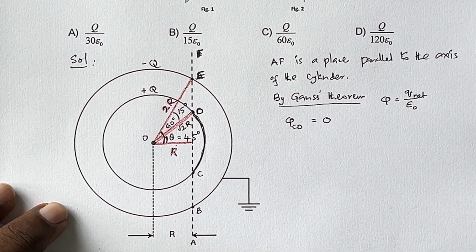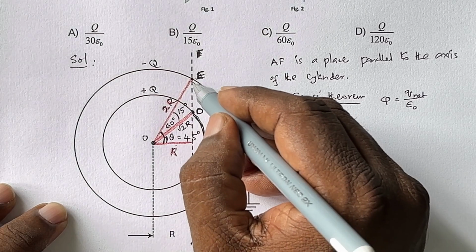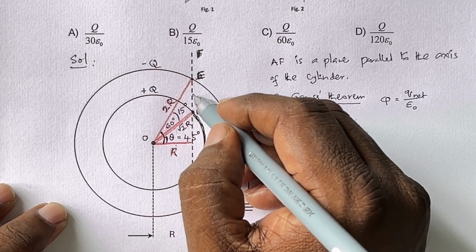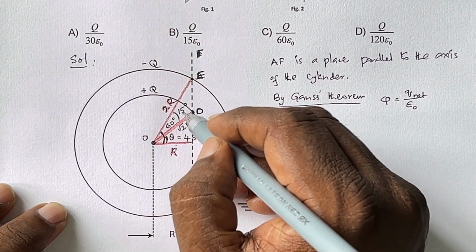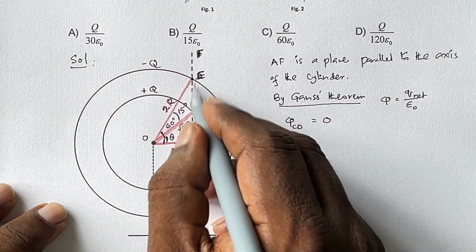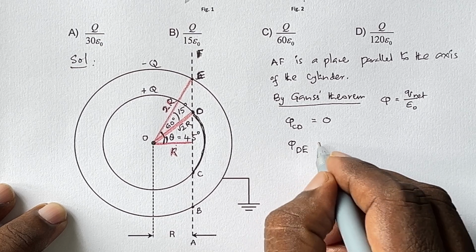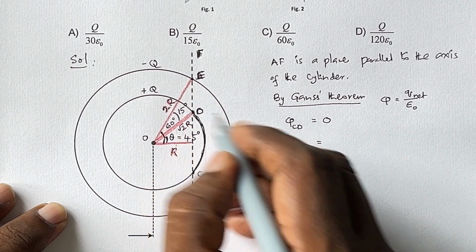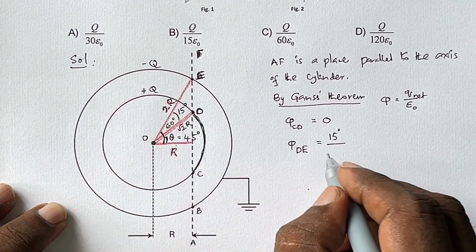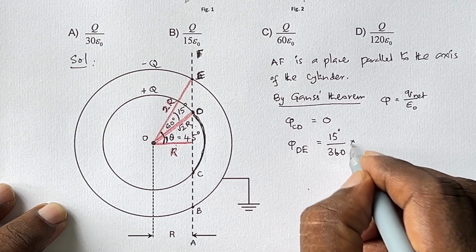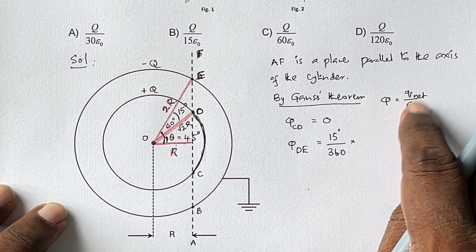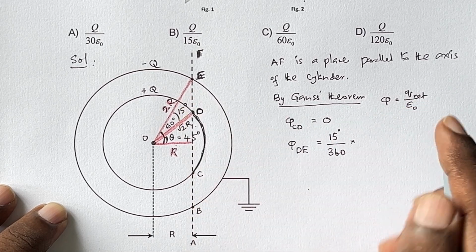Okay, now everything is ready, so we can calculate. The surface of the plane through which we have to calculate the electric flux makes an angle of 15 degrees at the center. So the flux due to DE is 15 degrees out of 360 degrees times the flux linked with the closed surface.